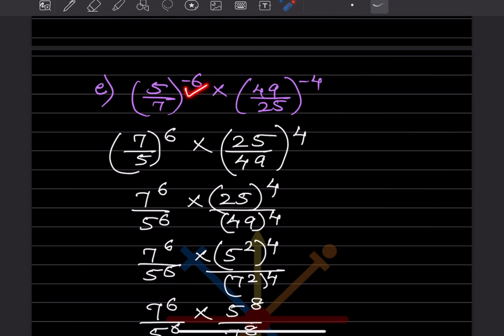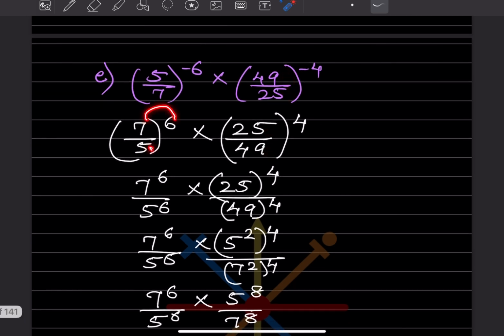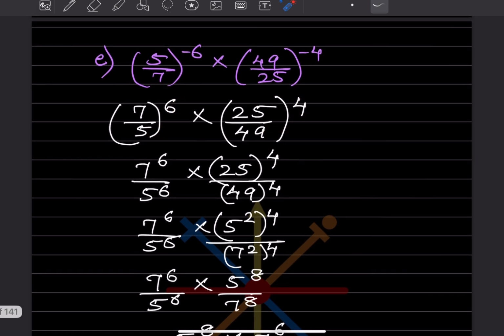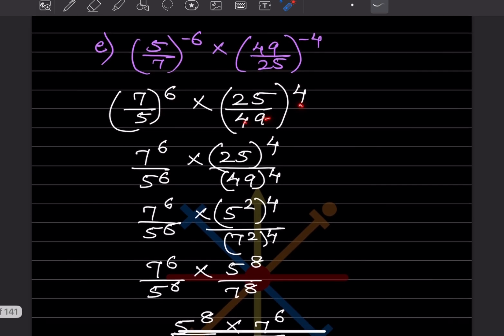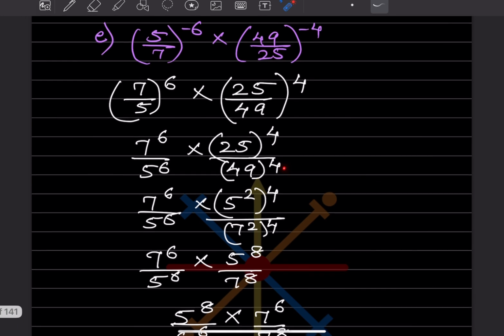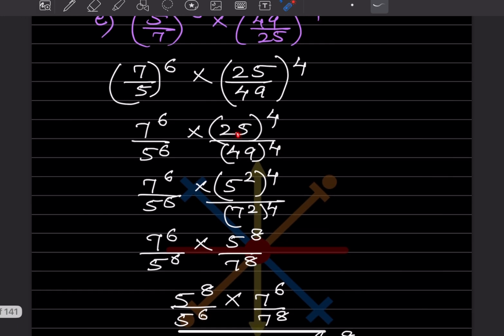Now here, to make it positive, this is going to be 7 by 5 raised to 6, 25 by 49 raised to 4, 7 raised to 6, 5 raised to 6, 25 raised to 4, 7 raised to 4. 49 raised to 4. Now we can see here the bases are different.